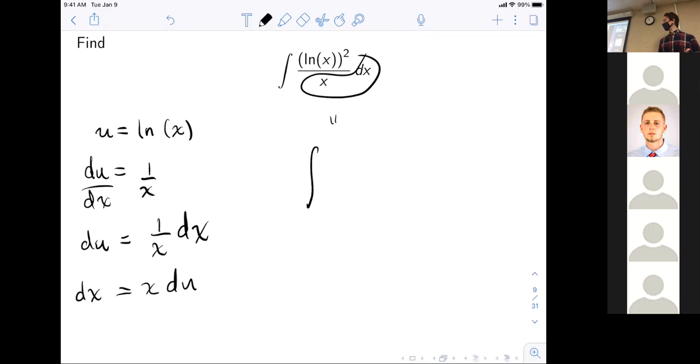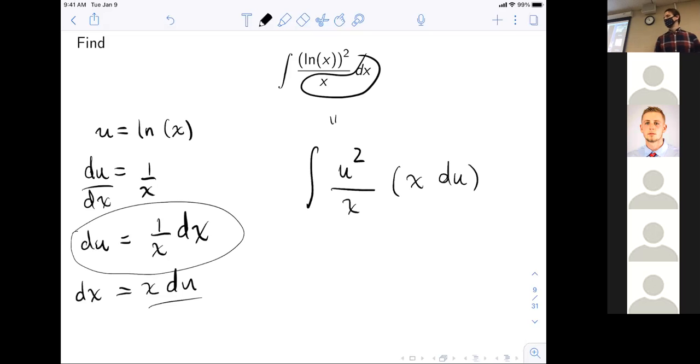Natural log of x is u, so I'm going to get u squared. And then dx is x du, so I have u squared over x times x du, or if you want, you could just write dx over x is du. Either way, you're just left with the integral of u squared du.